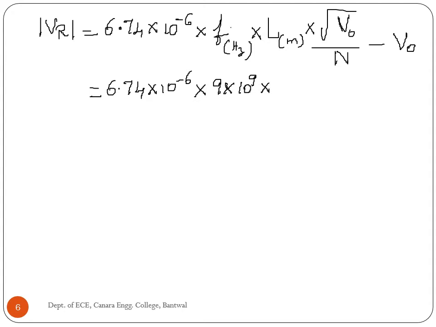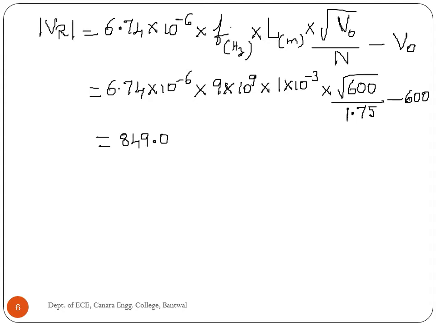Repeller space is 1 into 10 to the power minus 3 meter multiplied with root of V naught is 600 divided by 1 into 3 by 4 mode is 1.75, minus 600, which is equal to 849.06 minus 600.